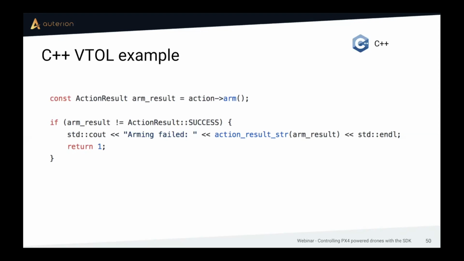We can continue. If not, then we might try again or do something else with the result that we get. So this is a machine readable enum, and then as well a human readable string for the error that happens. So that the string can be accessed here with action result str.